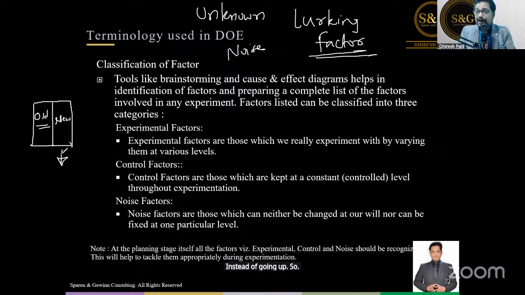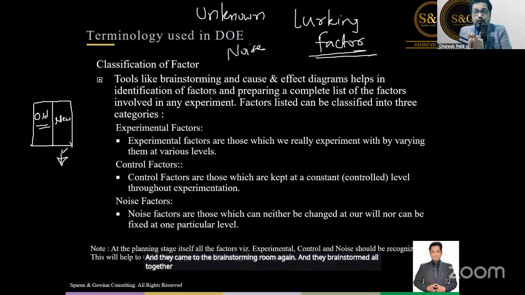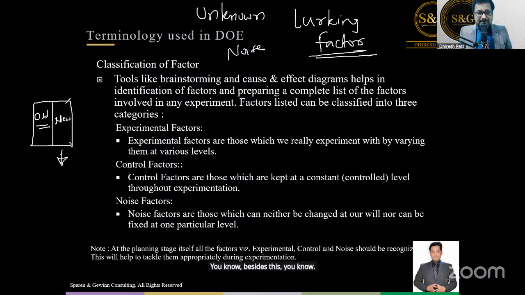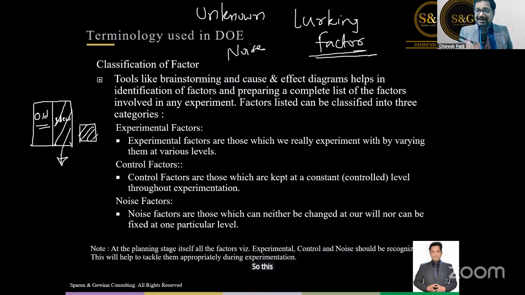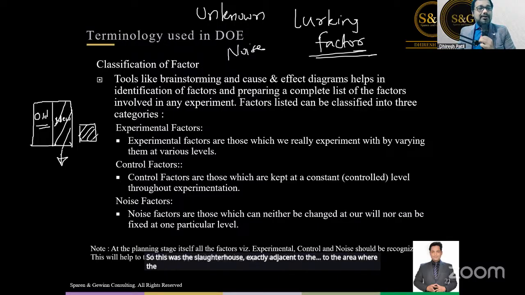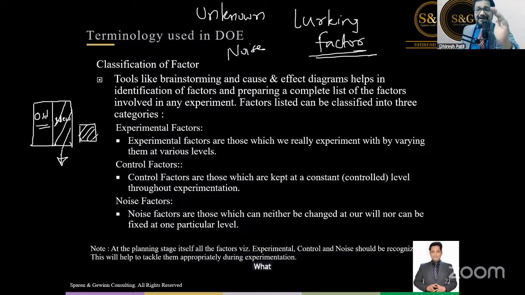So they were surprised. How did that happen? They came to the brainstorming room again, brainstormed all together, and found the real root cause. You know what was the root cause? Beside this section, there was a slaughterhouse, exactly adjacent to the area where the new feed was given. What is a slaughterhouse? Where the slaughtering used to happen.